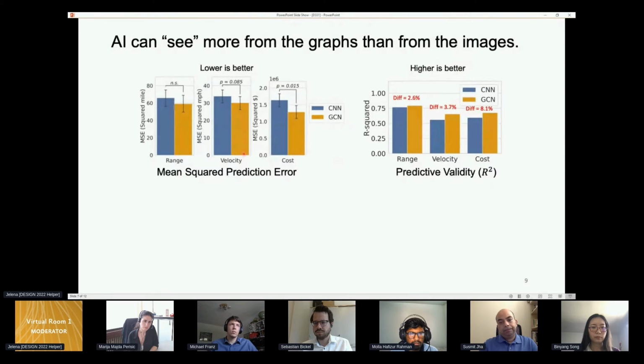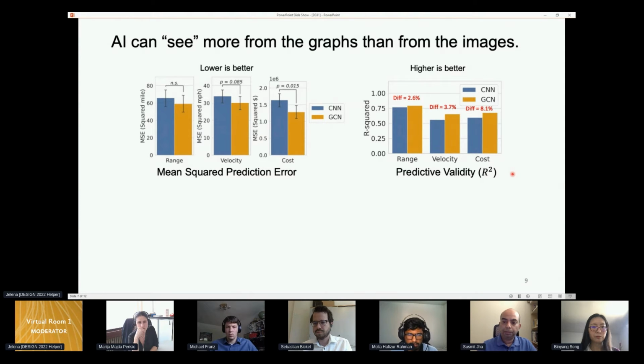We can see for all performance metrics, the GCN achieves lower mean squared prediction errors and higher predictive validities, as measured by the R-squared values. That is, the graph representation is more effective than the image representation.